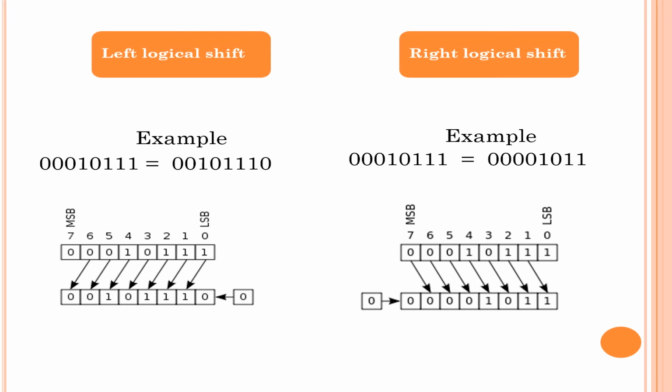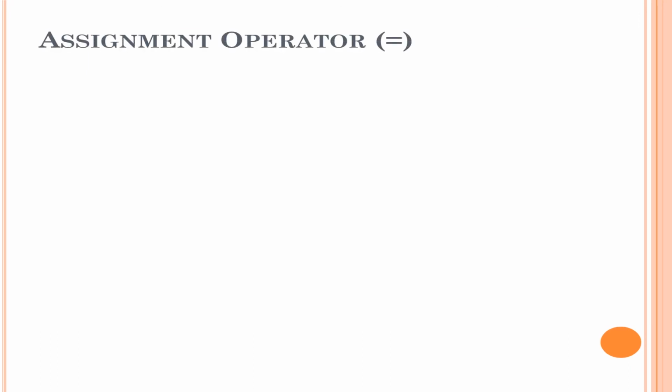For example, if the binary number is 00010111, here 1 is LSB and 0 is MSB. So, the LSB becomes the MSB and the remaining bits shift to the right side. So, the number becomes 00001011.